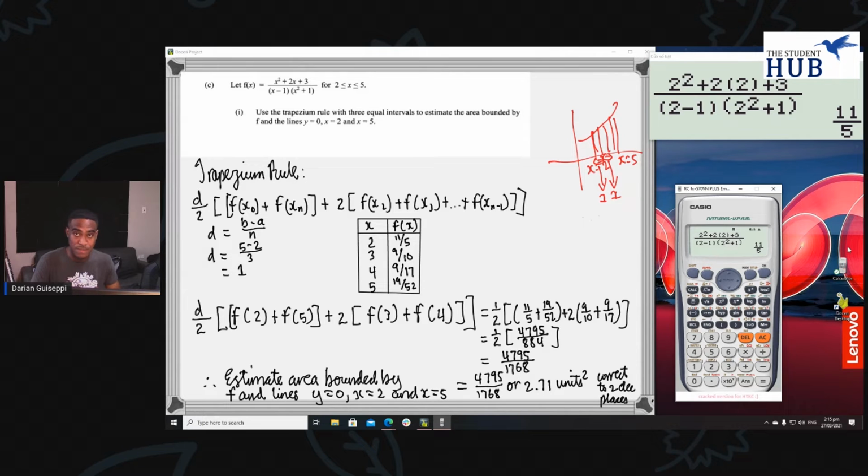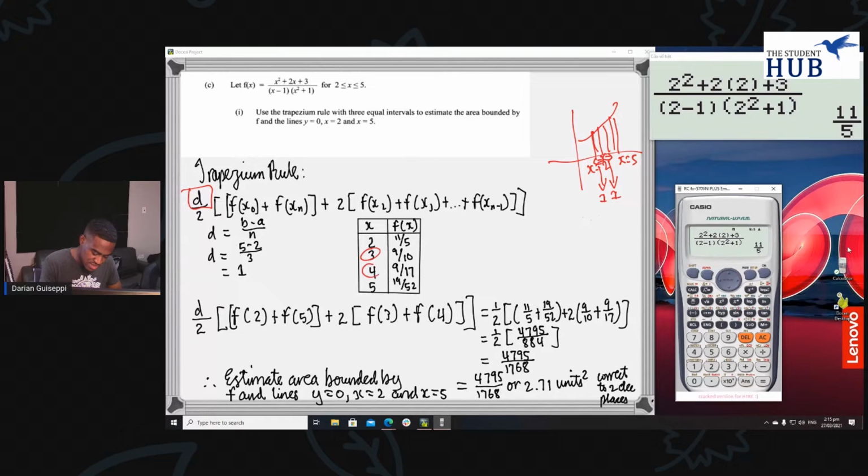The key things: remember to learn the formula for the trapezium rule, and deal with your d first, finding the value of d, which is the length of each one of the intervals of each one of the trapeziums. Then it's just a matter of doing up this little table here, plugging in your values of x. The lower limit is 2, and you keep adding the amount each interval increases by, which is d.